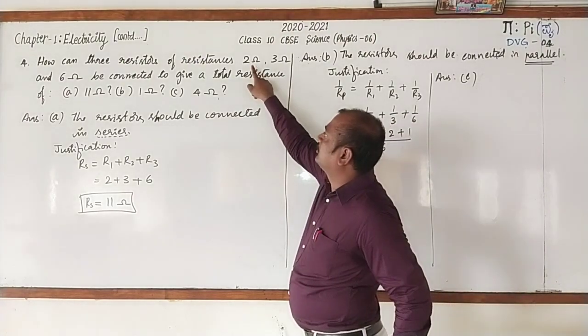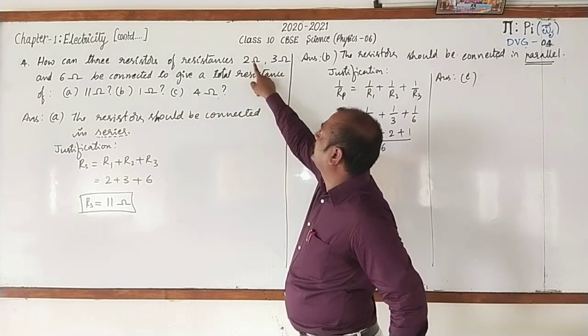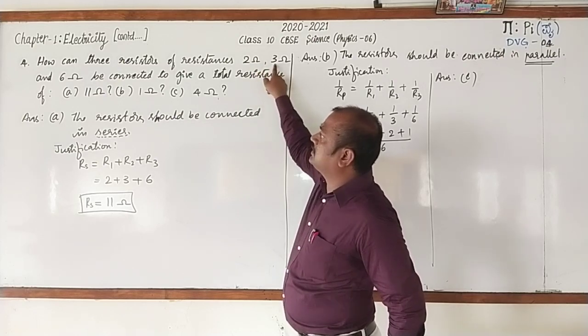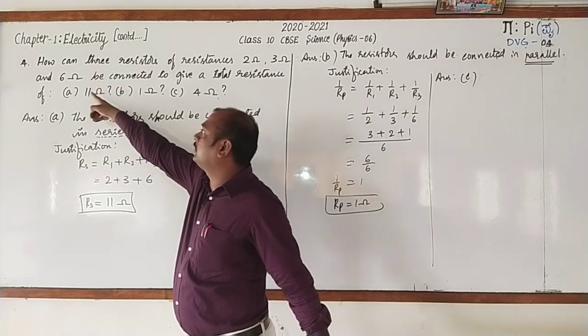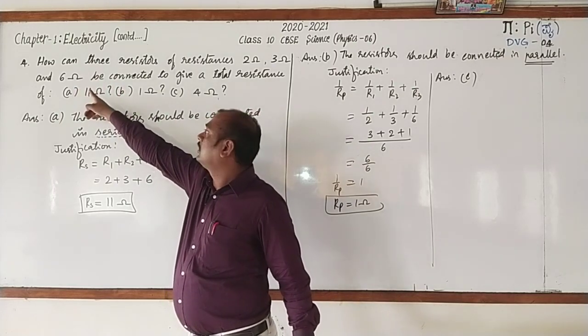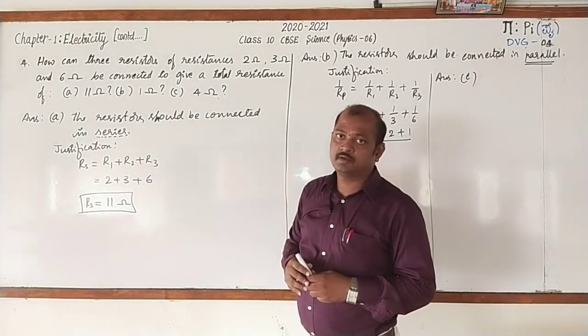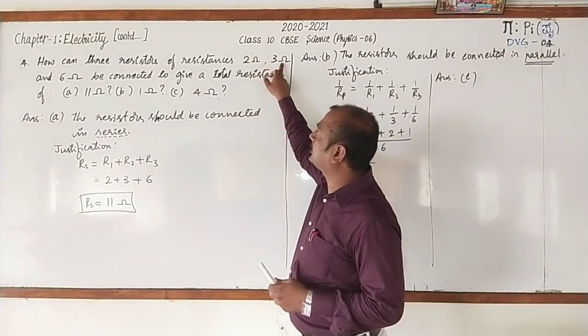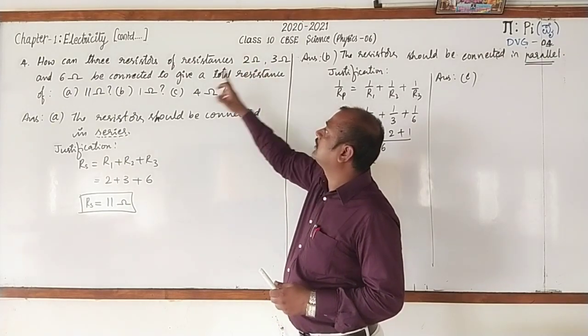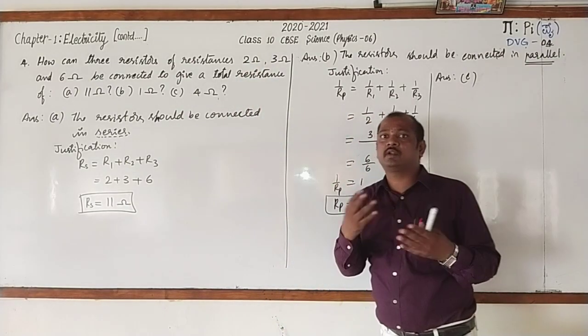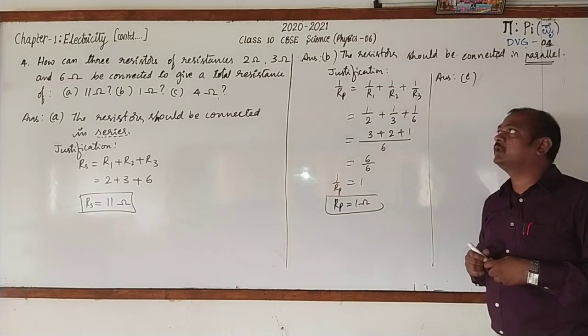How? First, you may go for taking 2 and 3 as series, and after that, what value you will get, that will be connected to 6 ohm as parallel. Or you may go for taking 3 and 6, or you may go for taking 6 and 2, just by trial and error method.